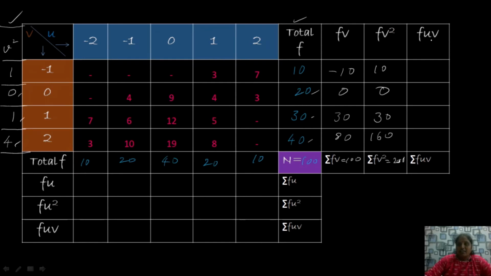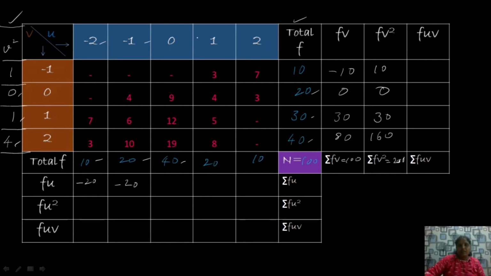So before calculating the value of FUV, let's first calculate FU and FU square. So now we have to multiply these values of F with U. These are the values of U, that is minus 2, minus 1, 0, 1, 2. So 10 multiplied with minus 2, we get minus 20. 20 multiplied with minus 1, you get minus 20.